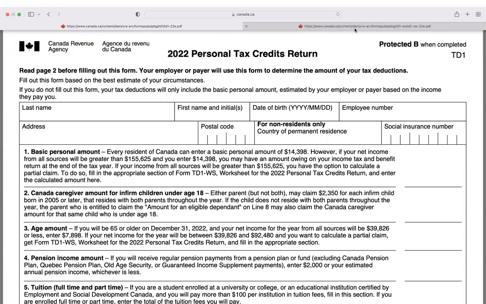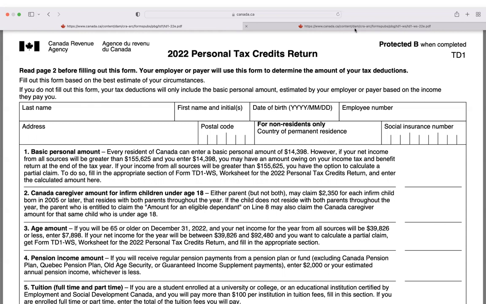Fill out this form based on the best estimate of your circumstances. If you do not fill out this form, your tax deduction will only include the basic personal amount estimated by your employer or payer based on the income they pay you.